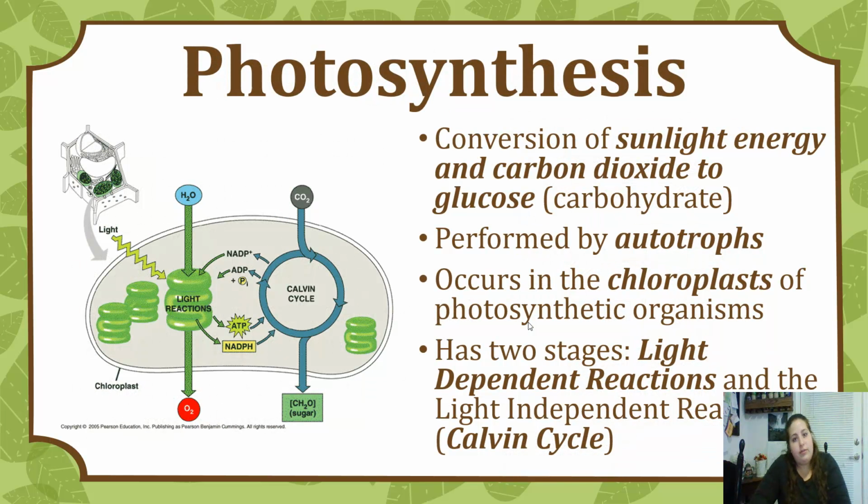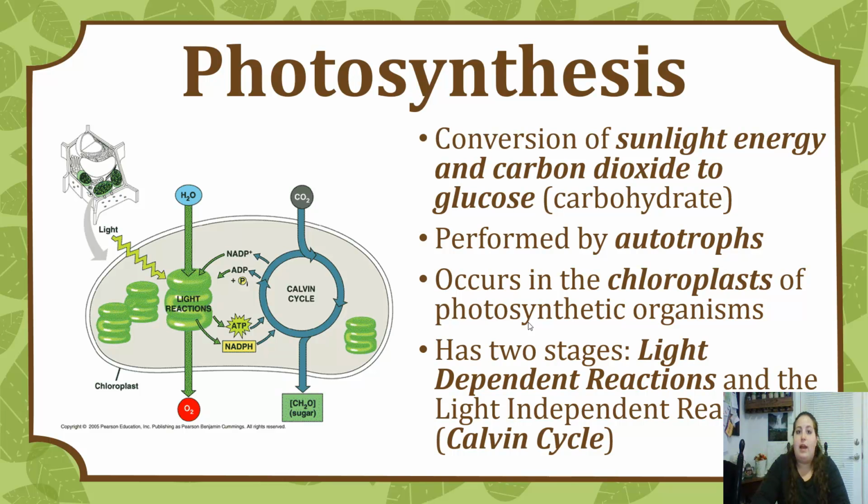So, a quick photosynthesis overview. Photosynthesis is the conversion of sunlight energy and carbon dioxide to glucose. Glucose is a carbohydrate, and if we remember, carbohydrates are sugars, and they give us a form of quick energy. Photosynthesis is only performed by autotrophs. Remember, autotrophs can make food for themselves.